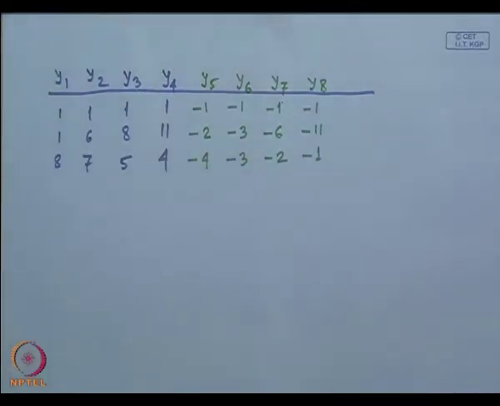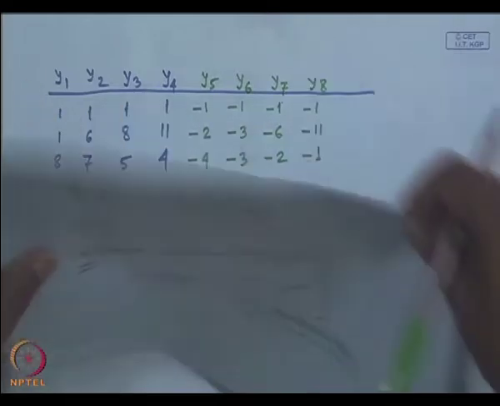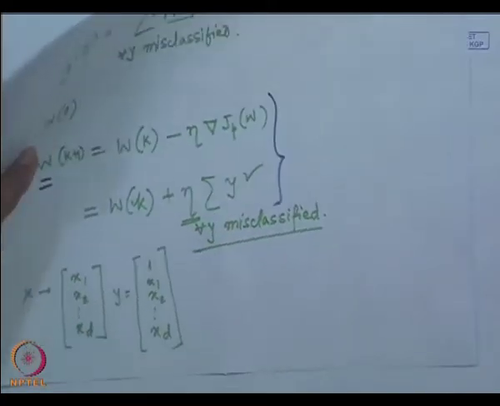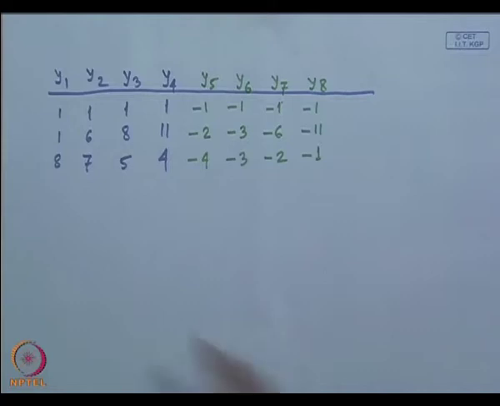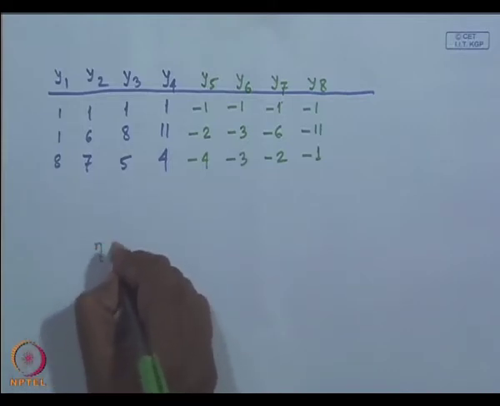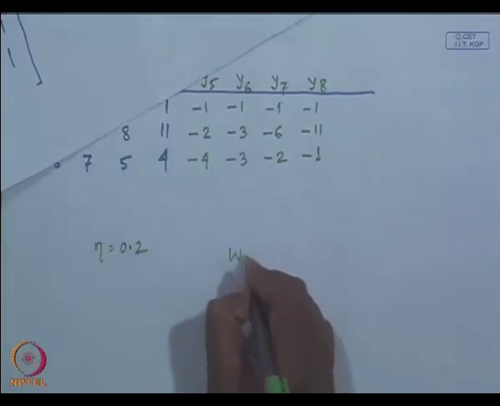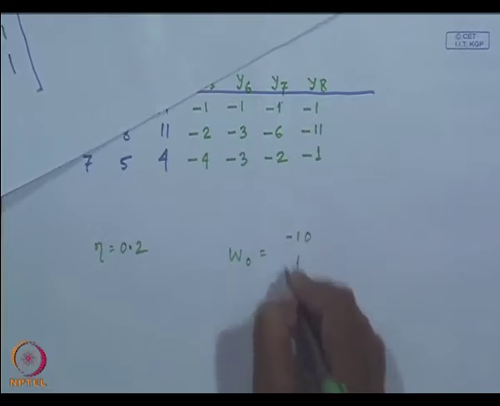So, these are all my modified samples. And I also take this, if you look at this algorithm, this eta which indicates the rate of convergence. Let me take this rate of convergence eta equal to say 0.2, and as I said my initial weight vector w 0 which is minus 10 1 1.